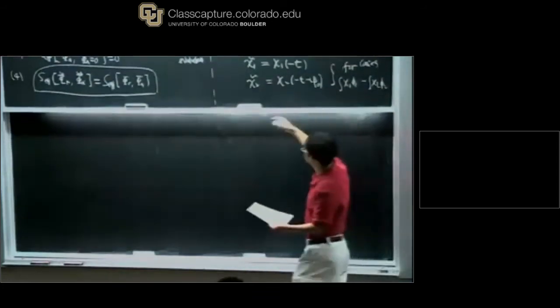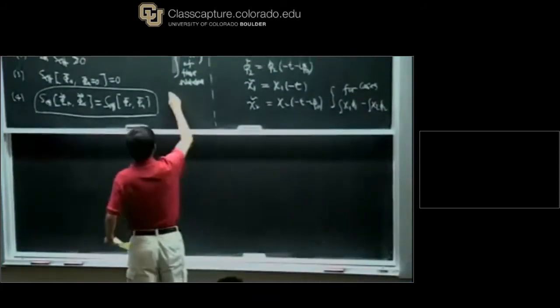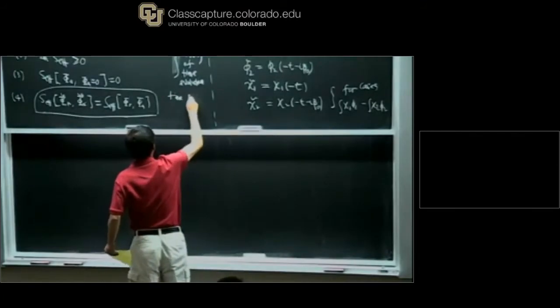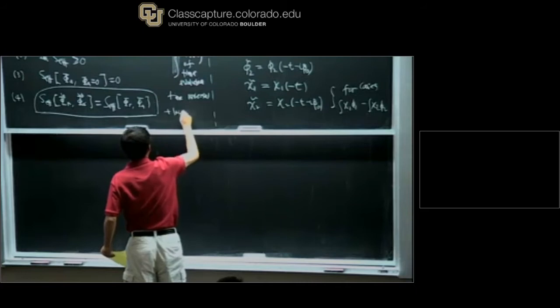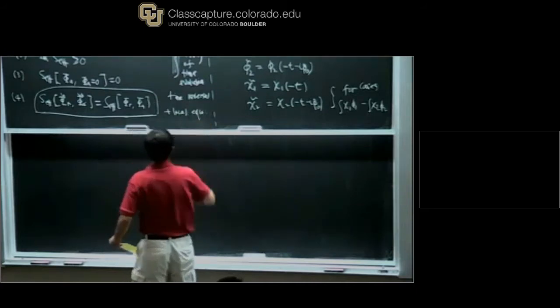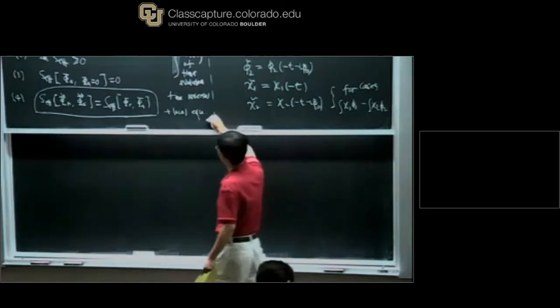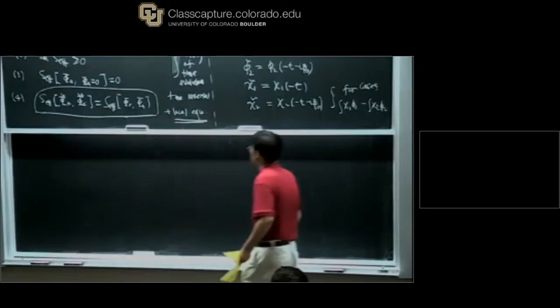Good. So this encodes time reversal plus the local equilibrium. We will see a little more explicitly what this local equilibrium condition means.